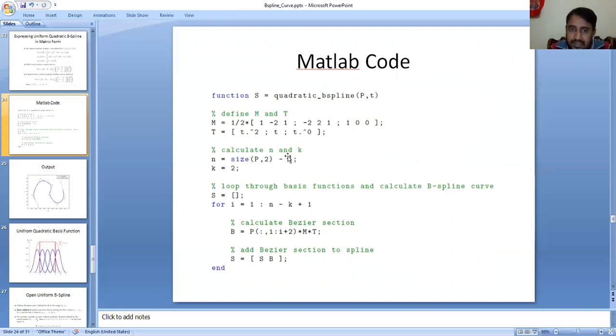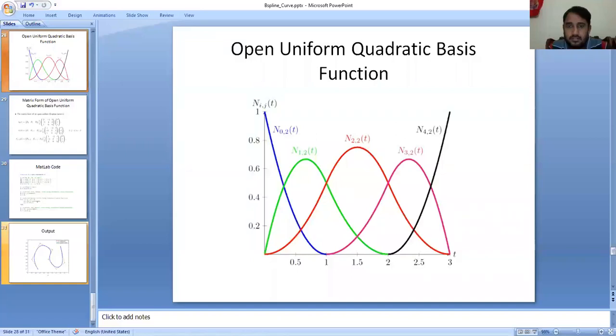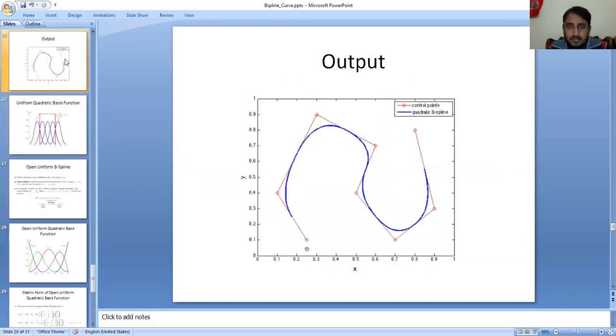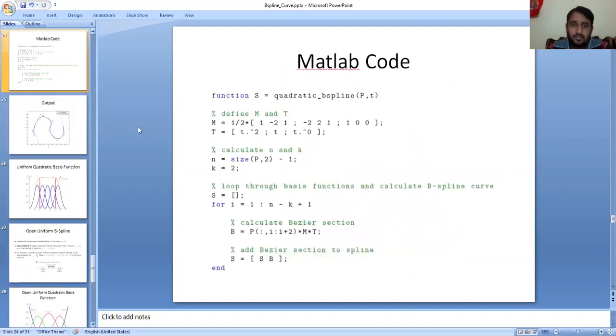So we calculate n and k. Here we are just calculating n and k, where n is the number of control points and k is the degree of the curve.